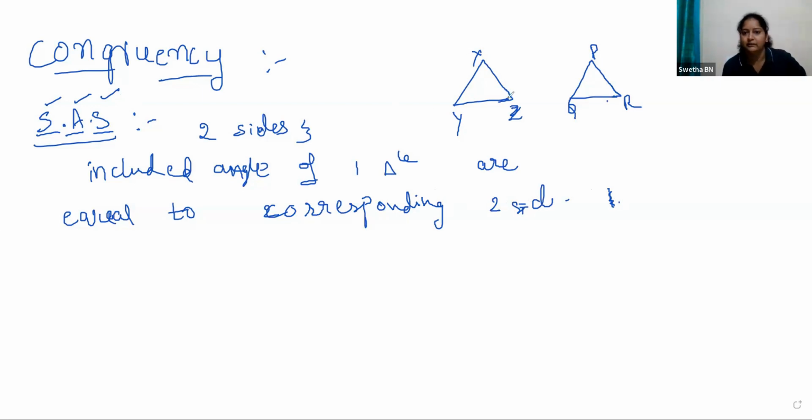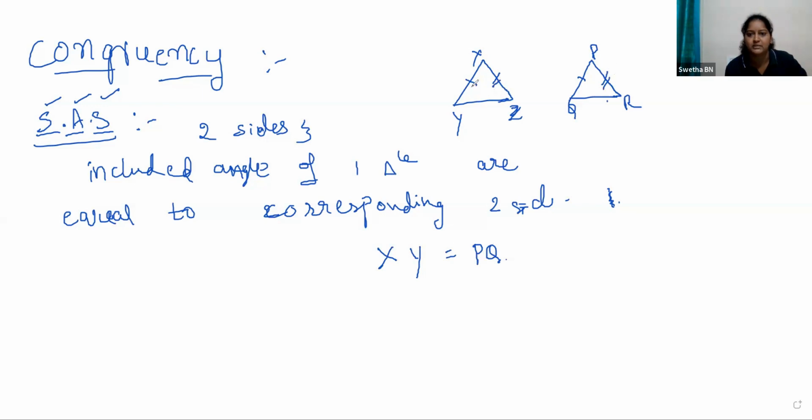Okay, see here, these two are triangles. For example, X and P are equal. Sorry, we are talking about sides first. Okay, for example, XY is equal to PQ. See, I'm writing here. XY is equal to PQ of another triangle and XZ is equal to PR.